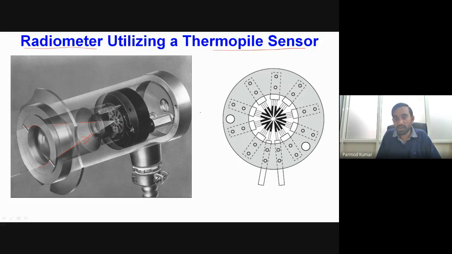This central location is shown here in a schematic representation. We have this black colored central core, and outside it we have small strips, which represent the cold junction.